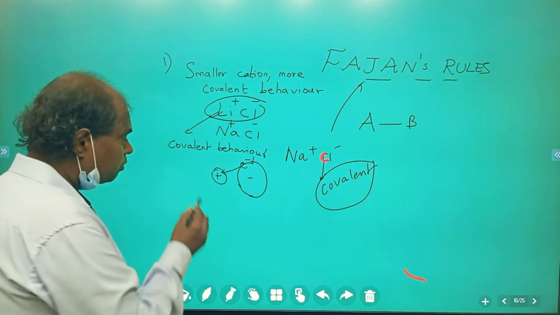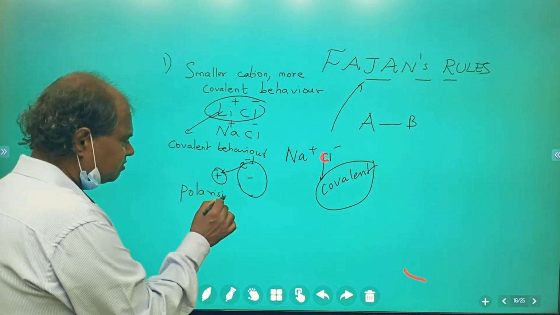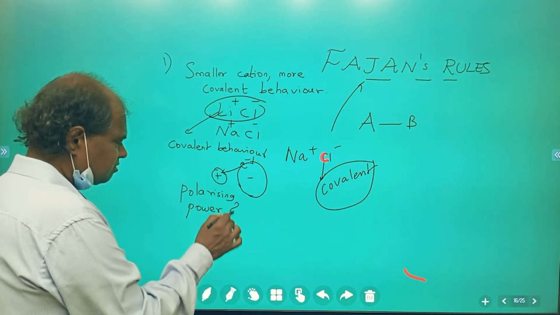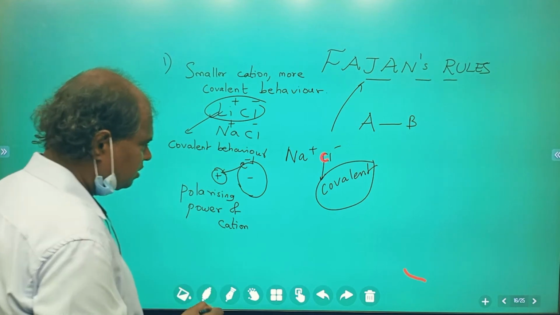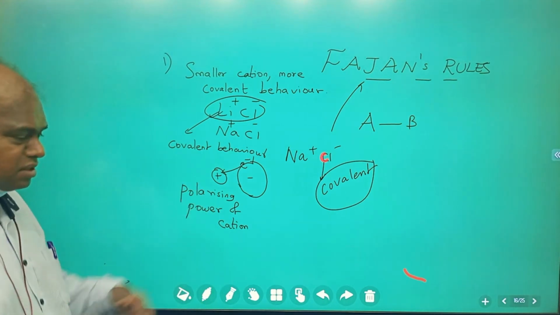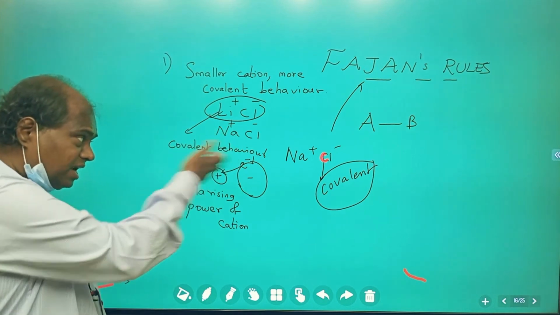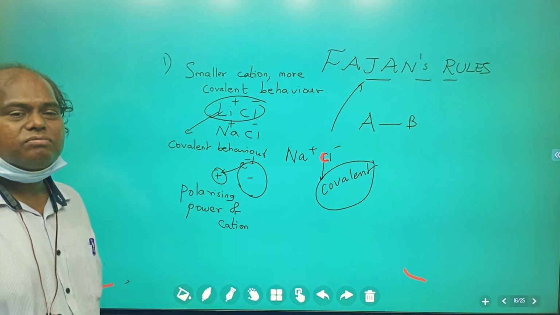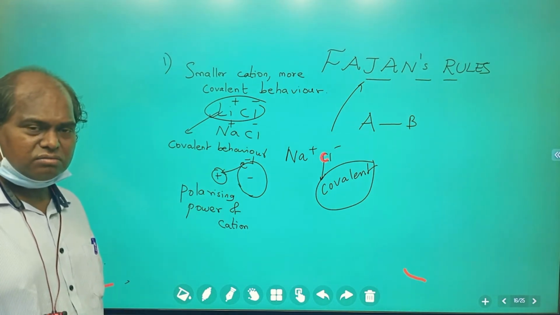This is called the polarizing power of the cation. The polarizing power of the cation is nothing but how much the cation can pull the electrons of the anion towards itself.